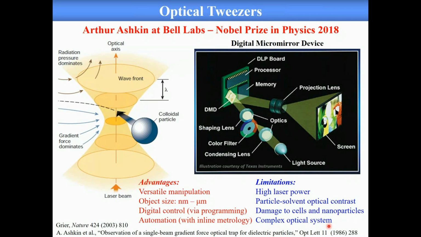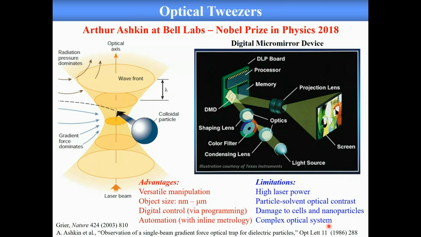But the limitation of conventional optical tweezers is that we usually need high power, because to use the optical gradient force to generate enough force to trap a particle, we need high power. Also, since the principle is based on optical gradient force, we usually need a high contrast between the optical properties of the particle and the solvent, which limits the combinations of solvent and particle systems.